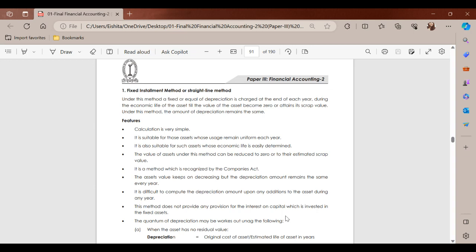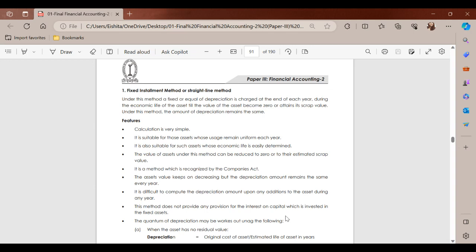This method does not provide for interest on capital. The lacuna is, if I have invested a lakh of rupees or 10 lakh of rupees on this machinery, the method of depreciation is charging the value of the asset to its whole value.